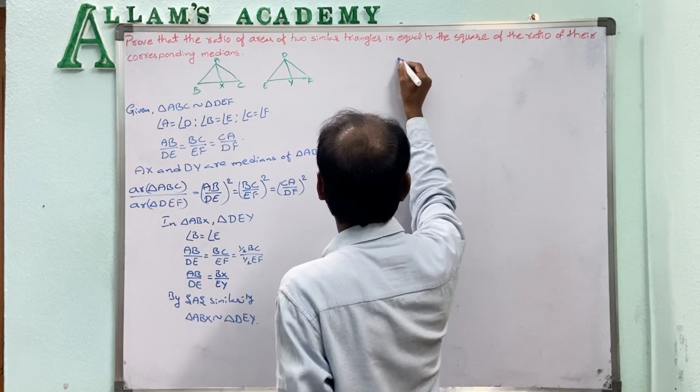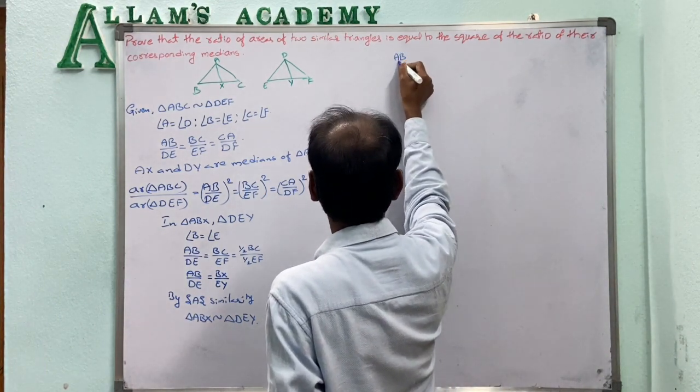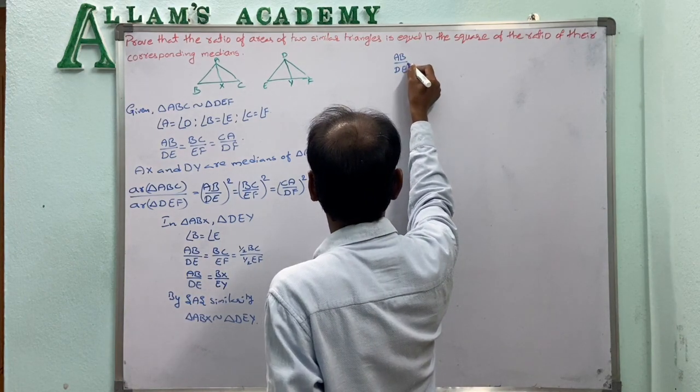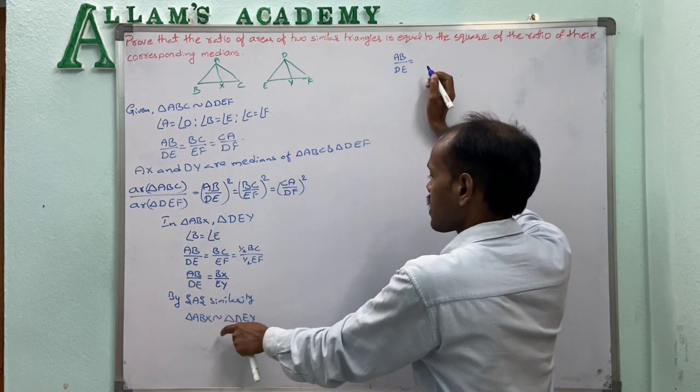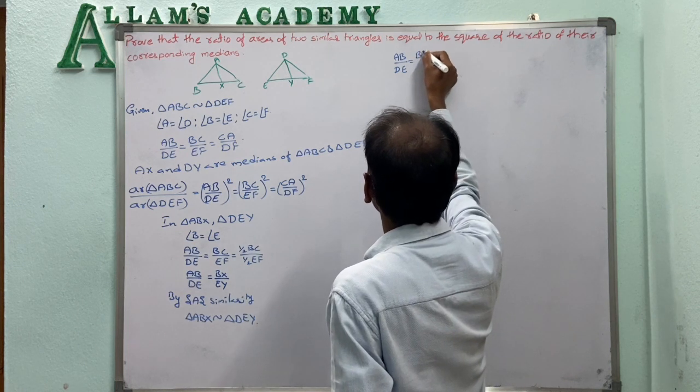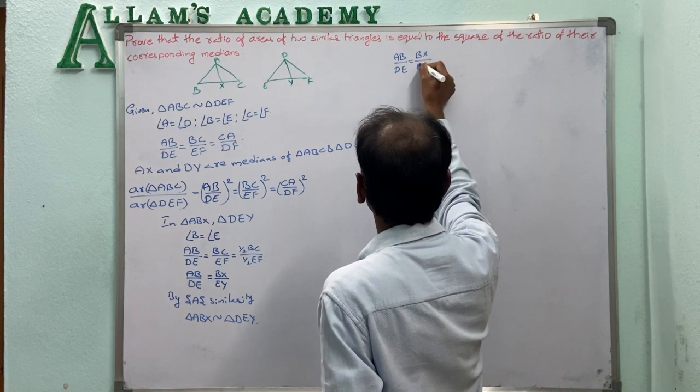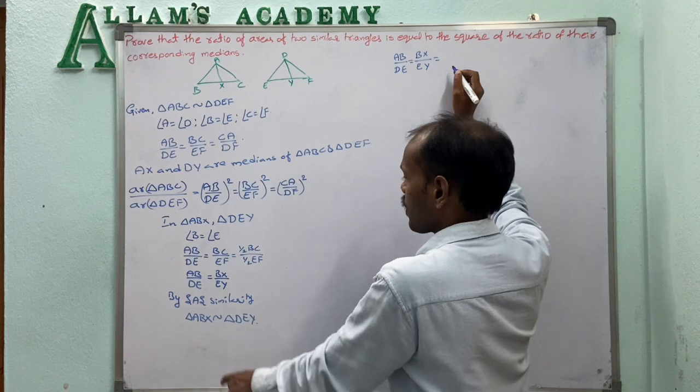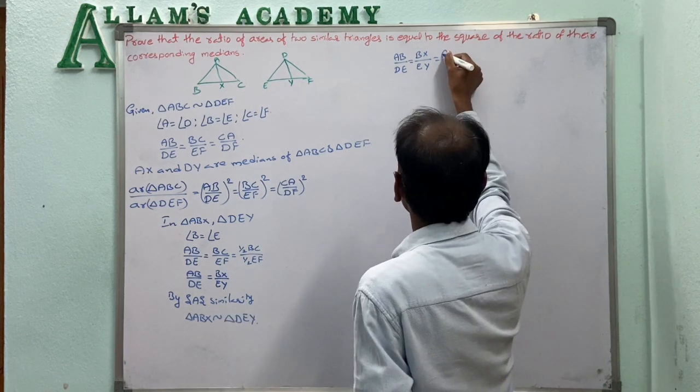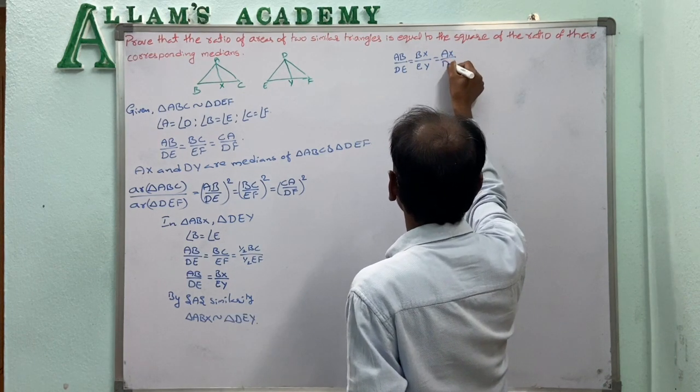So AB by DE equals BX by EY, which is equal to AX by DY.